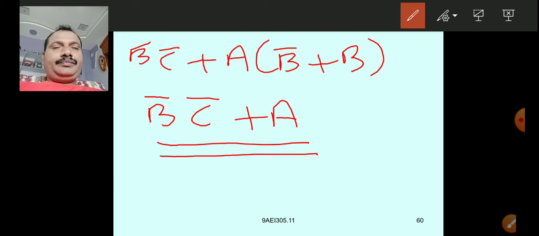Now by using K-map, the same problem, let us simplify. This is the final expression we got by applying Boolean laws.